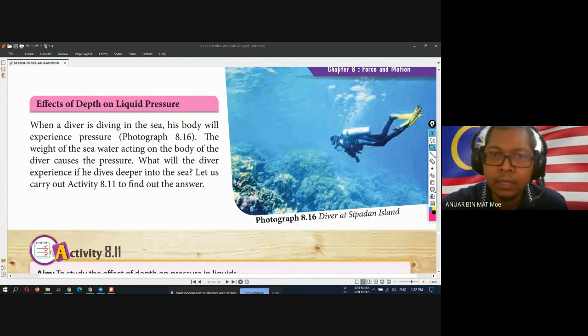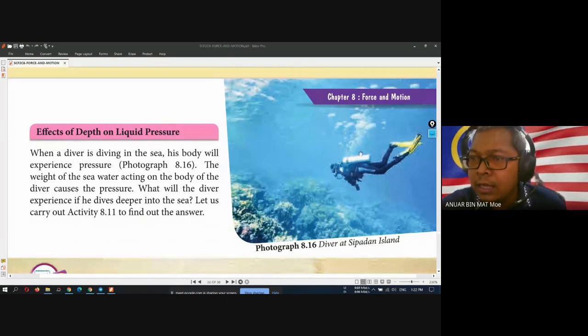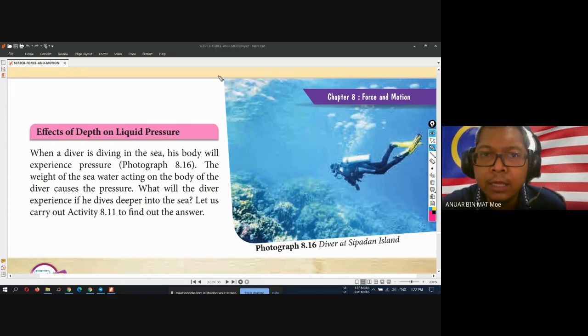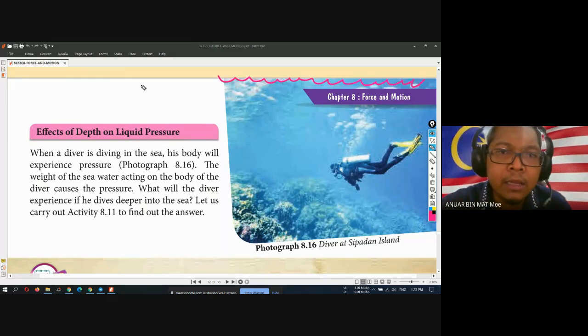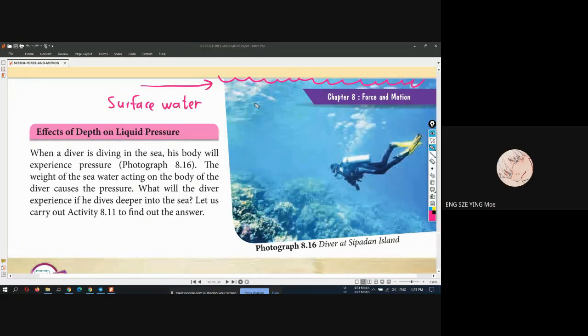What happened here, you think? According to the picture over here, let's say that this is the surface of the water. This is the surface of the water, class. Can you see the surface of the water? I am drawing the surface of water, right, class? Can you see it? Yes. Okay. And then this is the depth.